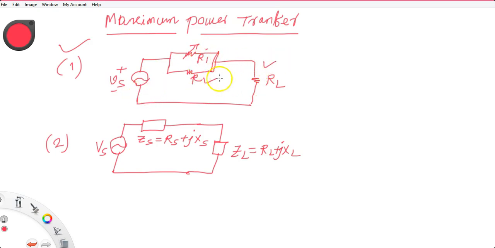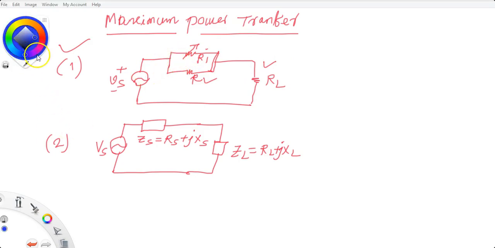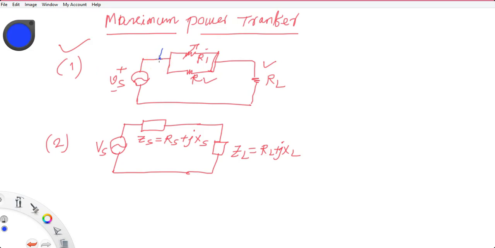So obviously there is only one case where the maximum power will be delivered, that is when we short this or we make R1 equal to 0.